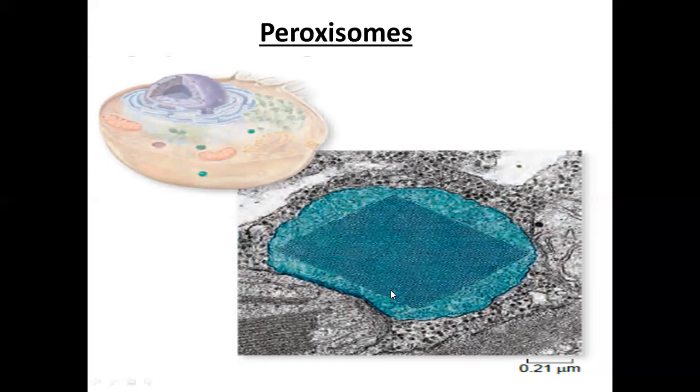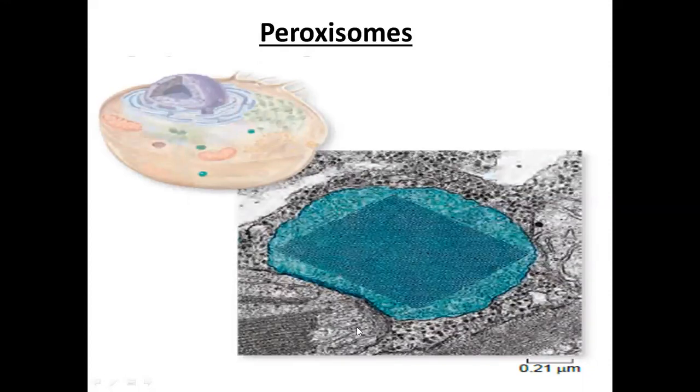For example, the peroxisomes found in the liver contain enzymes that are able to remove electrons from, or oxidize, the ethanol in alcoholic beverages. So when someone drinks, these peroxisomes will be involved in oxidizing the ethanol. In other words, the peroxisomes contain digestive and detoxifying enzymes.